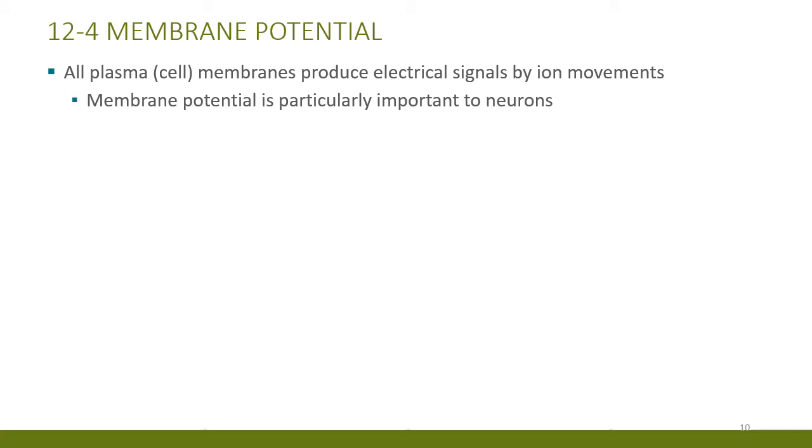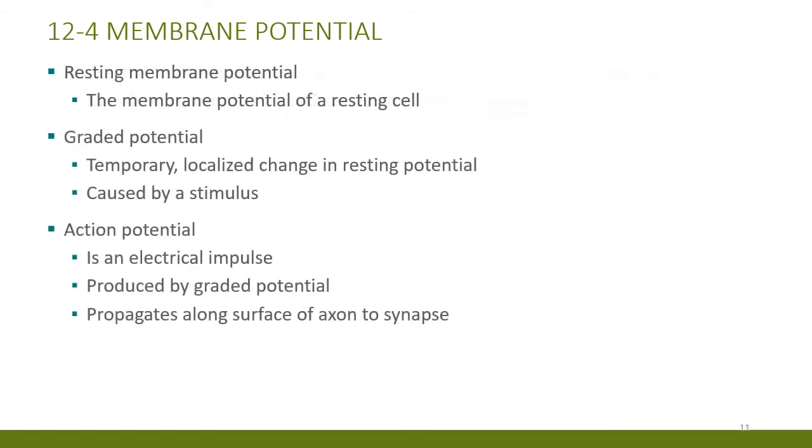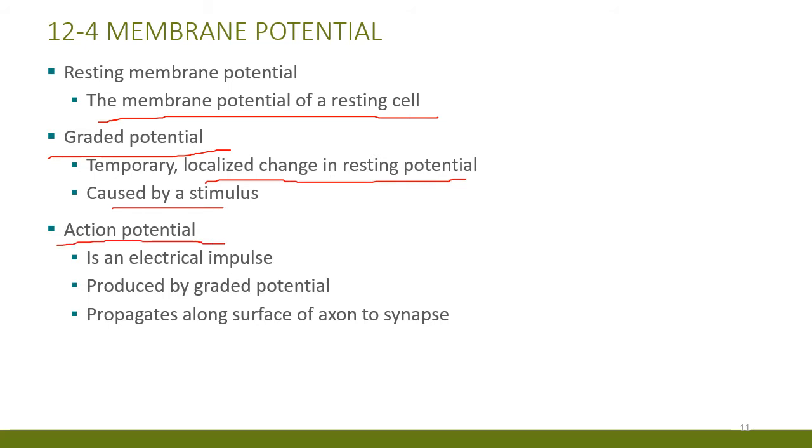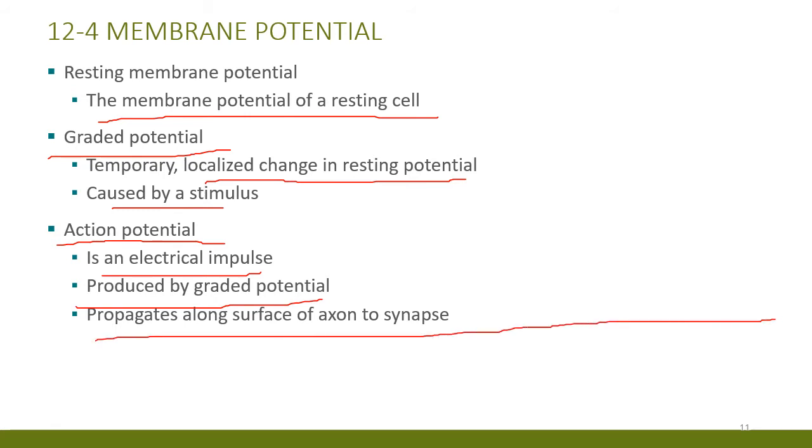It just has this resting membrane potential, and it's particularly important when we talk about neurons. Resting membrane potential is the membrane potential of a resting cell. A graded potential is a temporary localized change in the resting membrane potential caused by a stimulus. An action potential is an electrical impulse produced by a graded potential, and then it propagates along the surface of the axon all the way.